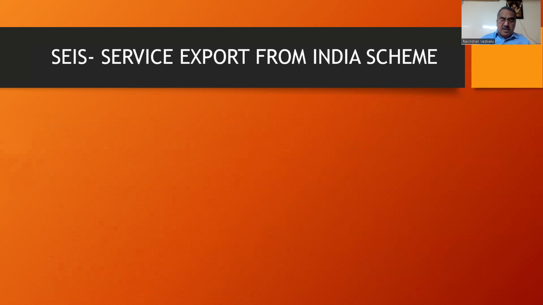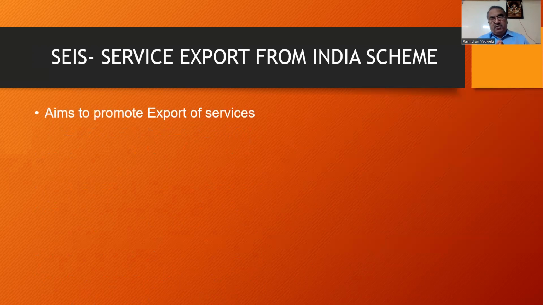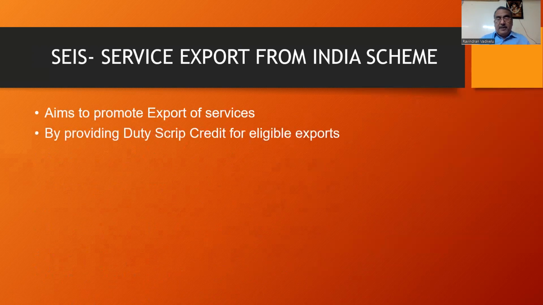The basic thing is this is covered under the scheme called Service Exports from India Scheme, SEIS. It aims to promote export of services. So you can get duty drawback not only for goods but also for the export of services.